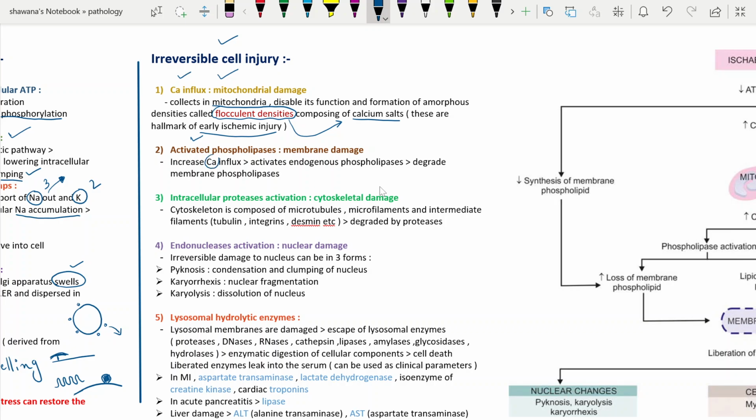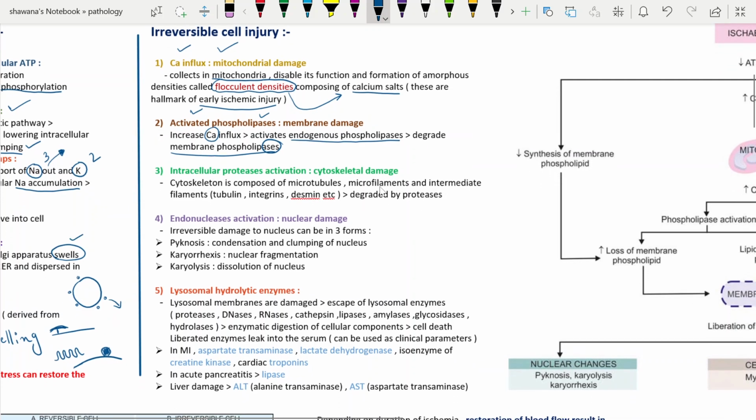When the calcium influx occurs, it activates the phospholipases, and these are endogenous because they are present inside the cell, and they degrade the membrane phospholipids. The suffix -ases is used for enzymes, and the cell membrane is formed of phospholipids, integral proteins, and a bit of cholesterol. So if the phospholipases get activated, they start to degrade the membrane phospholipids.